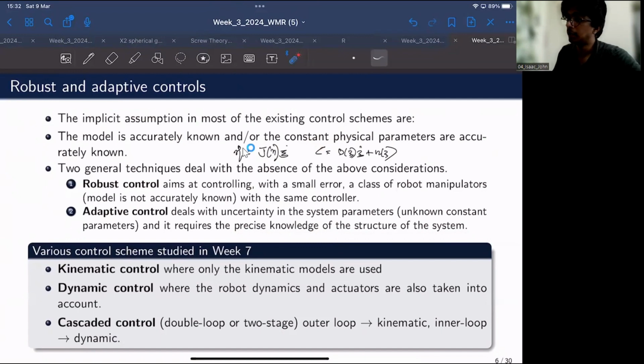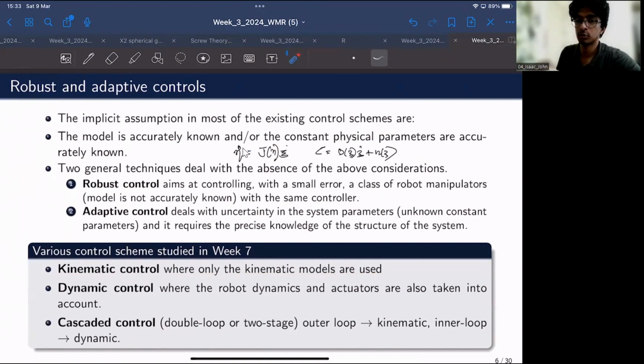Okay, then going further on the lectures, we have also discussed various controller strategies. For week 7, we considered kinematic control, where we limit ourselves to the kinematic models. For example, in applications where the robot is moving very slowly, we may not even consider the inertial forces due to dynamic effects.